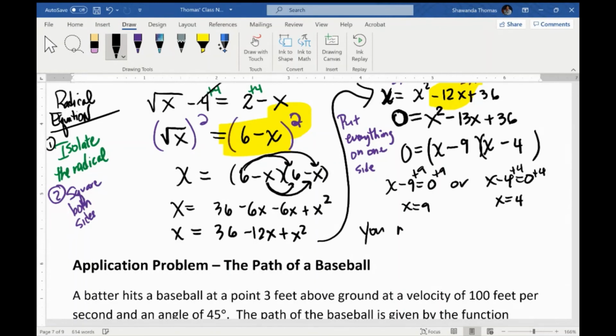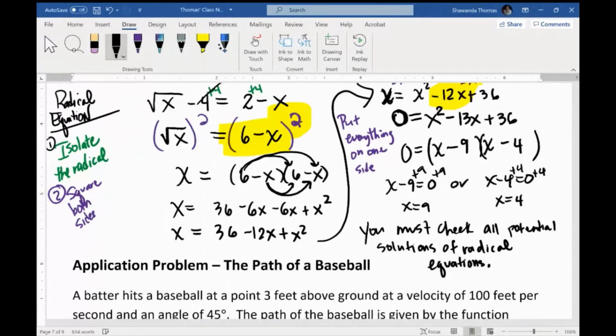You must check all potential solutions of radical equations. So we don't know if these are truly solutions right now.